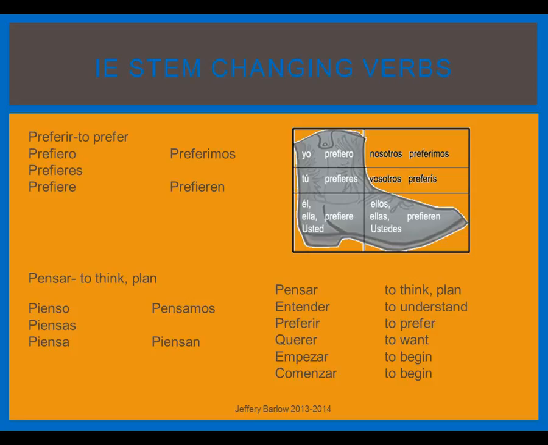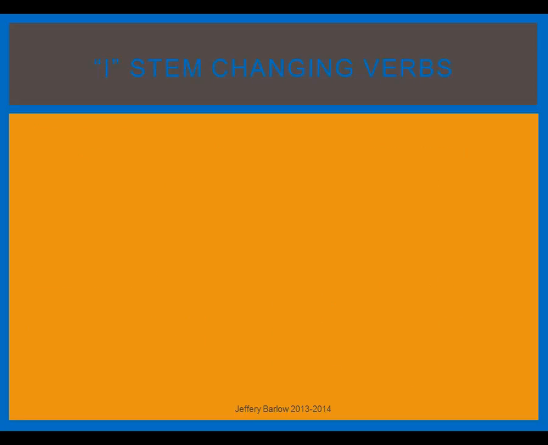The third group of stem-changing verbs change E to I. The verb pedir, which means to ask for something, is a stem changer. It is also a boot verb, which tells us that the E in the nosotros form does not change. The others do.